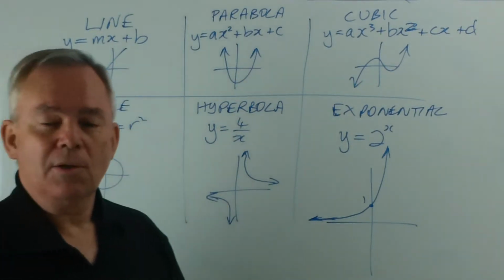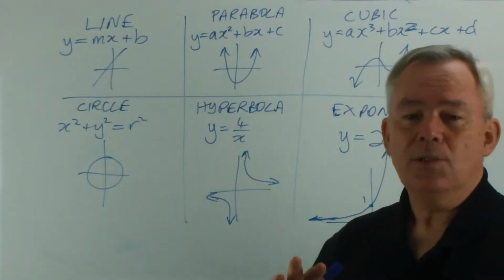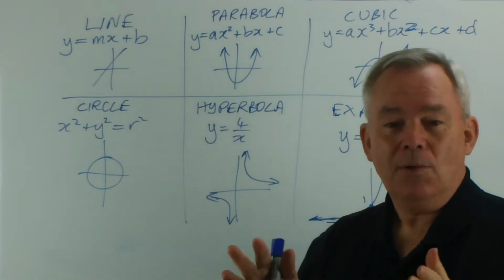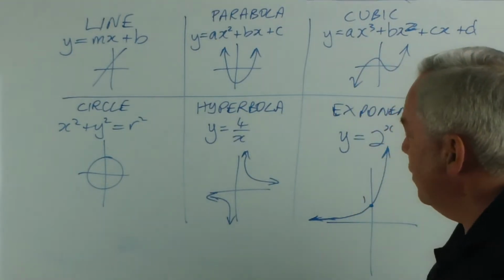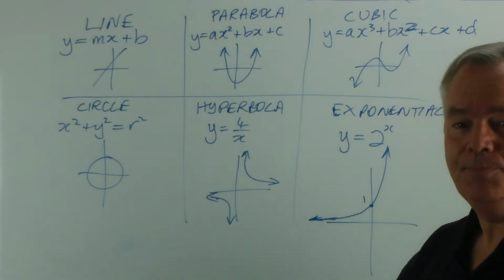So they're the 6 basic equations. What we're going to do is to use these 6 equations to construct quite complex diagrams and quite complex equations in a way that I think you'll find quite remarkable, but very simple.